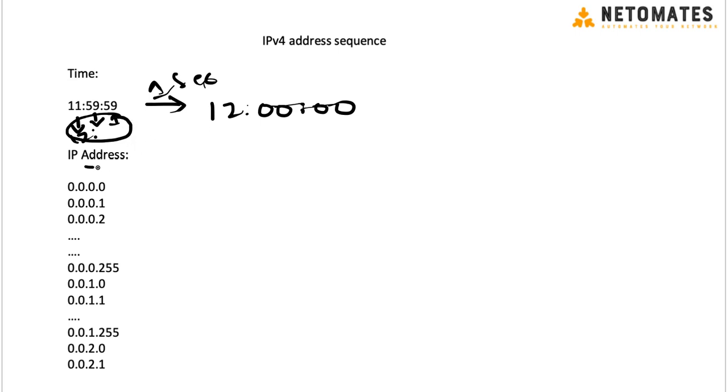Similarly for the IP address, it is the same thing, but in this case it has 4 values. Let me write first, second, third and fourth. Each one can range from 0 to 255, as we discussed in the previous slide.